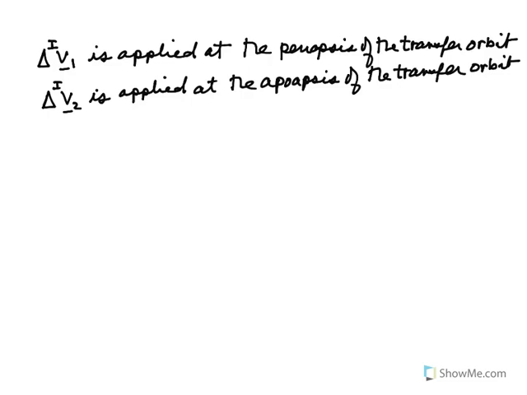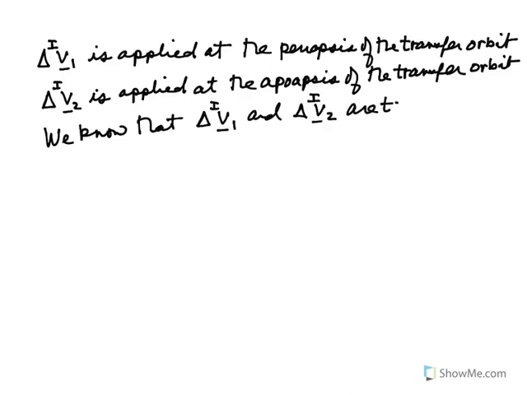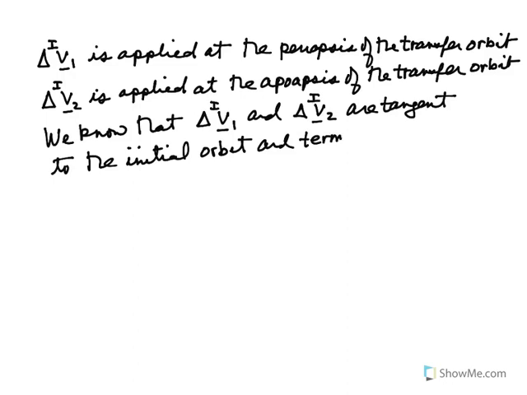Now, we are going to work our way through these different impulses. So we know that the impulses are tangential, that delta V1I and delta V2I are tangent to the initial orbit and terminal orbit respectively.